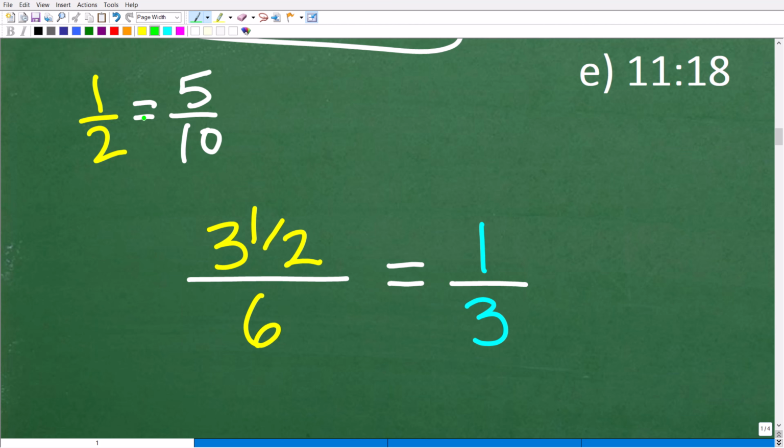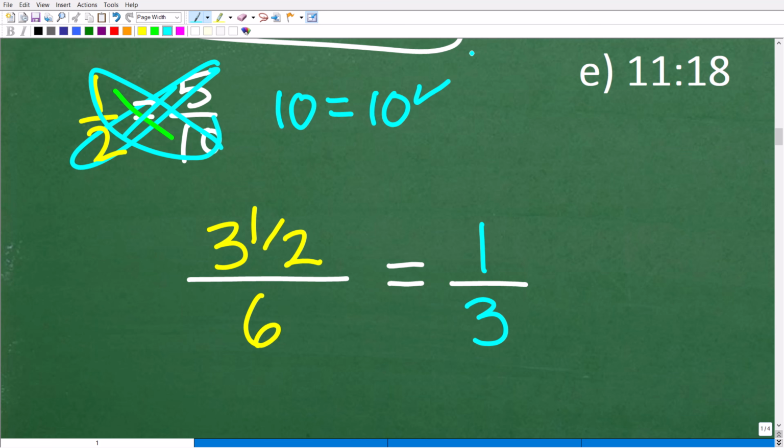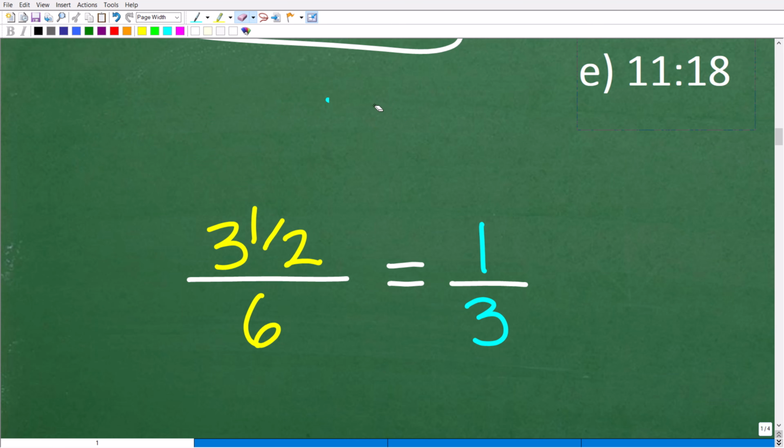When you have two equivalent ratios, rates, or fractions, this is a proportion. And if you have a proportion, then the cross product is true. In other words, if we cross multiply, 1 times 10 is 10, and that is equal to 5 times 2, which of course is 10. So again, when two things are in proportion, you can check the cross product.